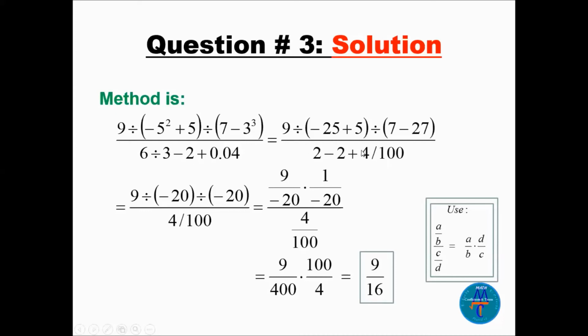Gone. 0.04, 4 over 100, leave it. So now multiply 9 times 1, so that's 9, minus 20 times minus 20, 400. Then multiply by the reciprocal of this, 4 over 100, which is 100 over 4. Cancel the 100, 9 over 16 is the correct answer.